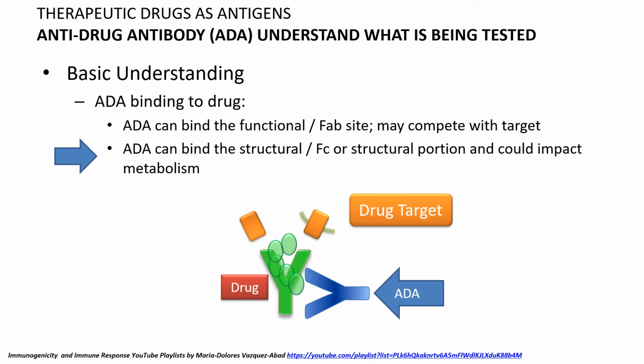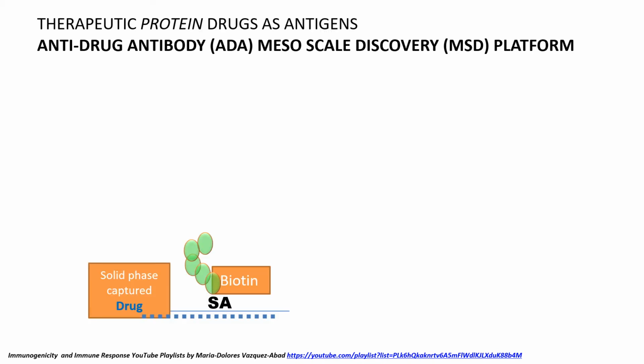But let's take a look at how antidrug antibodies are detected in general. I'm making this tape in March of 2021. I will give a brief explanation of the Meso Scale Discovery platform, how it works. We have in green a protein therapeutic that is captured on a solid phase.